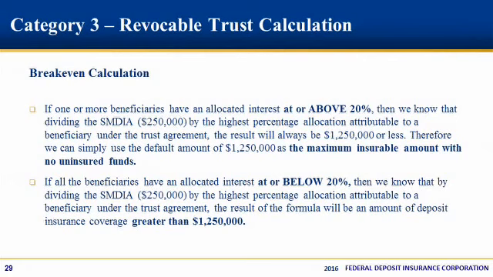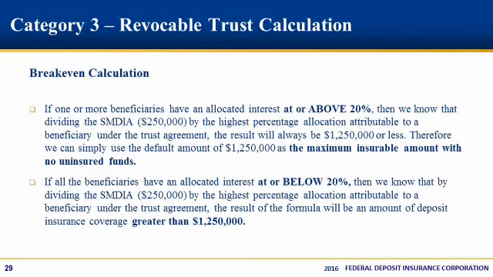So if any one beneficiary's allocated interest is above 20%, we can use this shortcut and determine that the default amount of $1,250,000 is the maximum insurable amount with no uninsured funds.